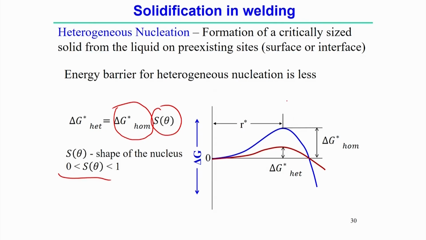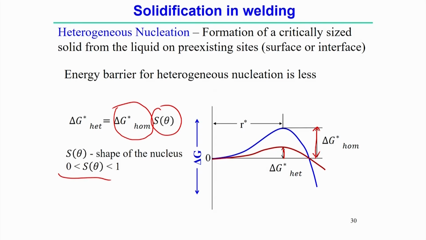Here we can see that the barrier to start nucleation is less in heterogeneous nucleation as compared to homogeneous nucleation. This larger amount is the critical energy required to start homogeneous nucleation, and only this small amount is needed to start heterogeneous nucleation.